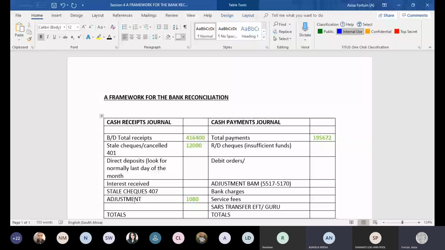And then on the bank statement, there's interest dated 23 for the amount of 5,088.